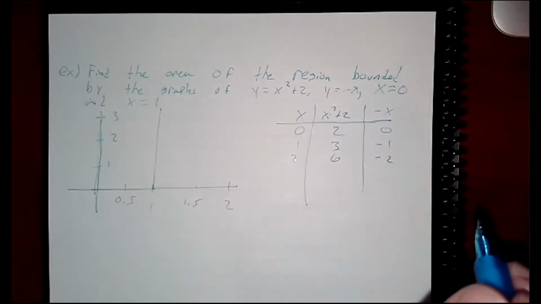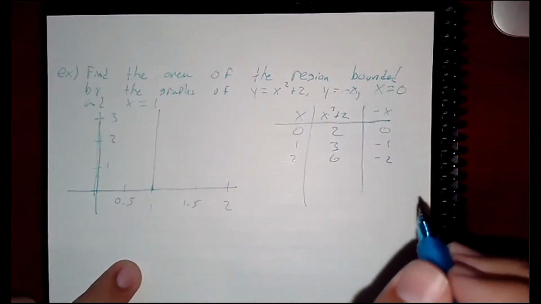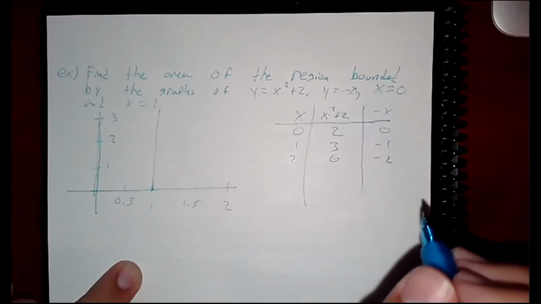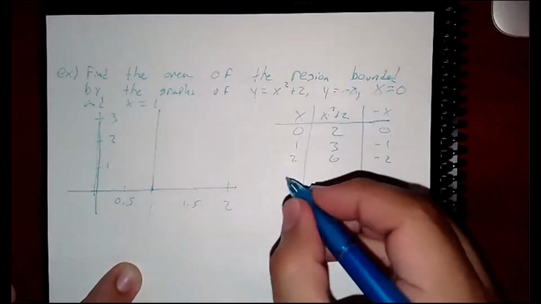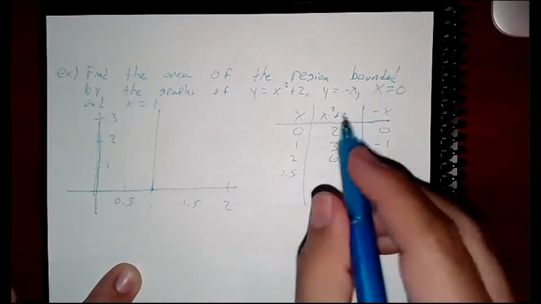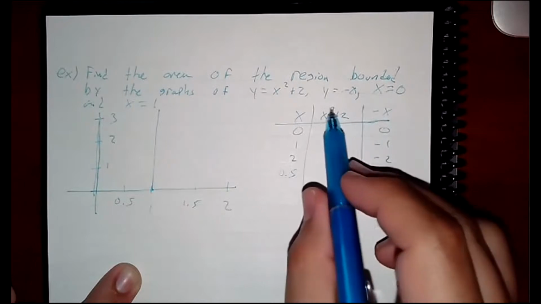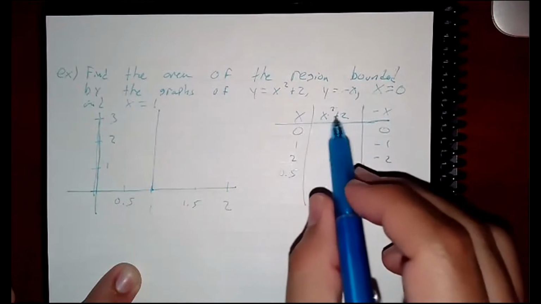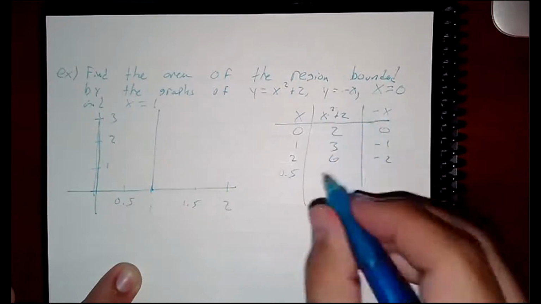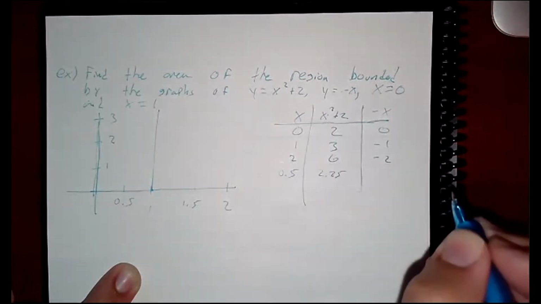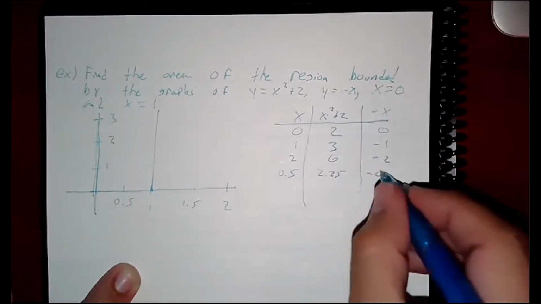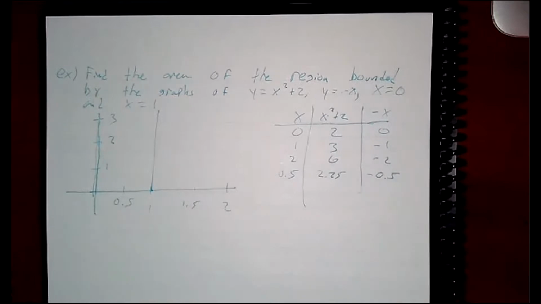I probably need some points in between, so let's choose 0.5. 0.5 squared would be what? 1/4, so 0.25, 2.25, negative 0.5.